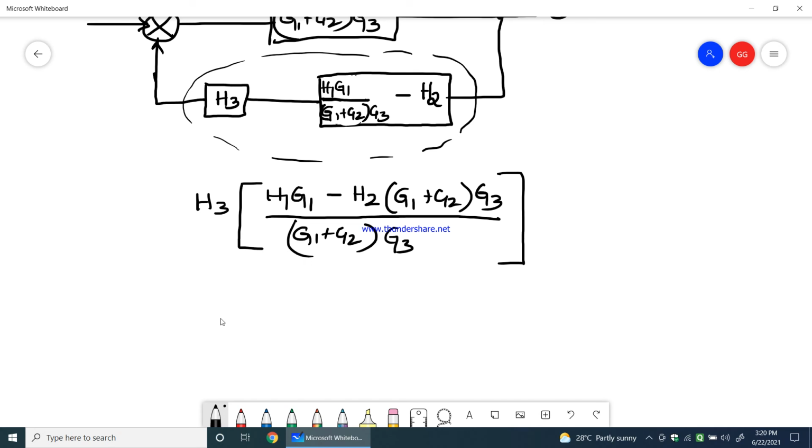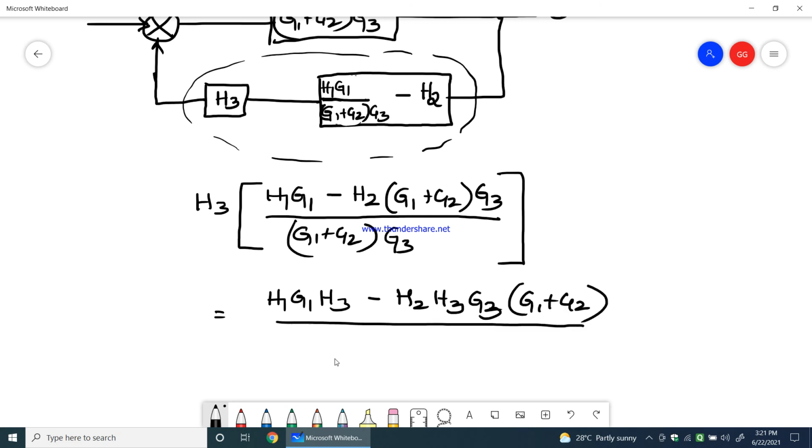If I write it in a simpler way, I'll get H1 G1 H3 minus H2 H3 G3 into G1 plus G2, divided by G1 plus G2 into G3. I'll just take this as Y, so that there is not a big expression here.